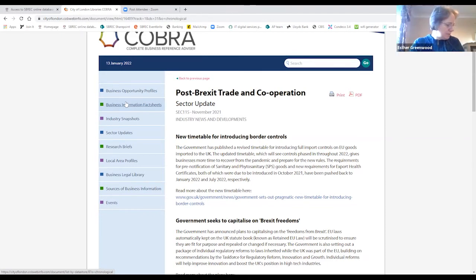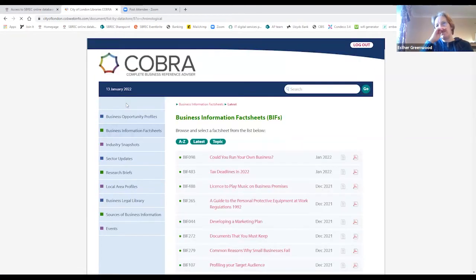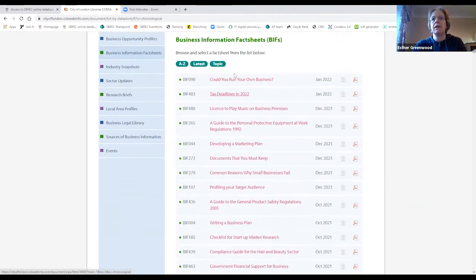Perhaps just whilst people are thinking, I know you mentioned that somebody might be importing or exporting. Yes, and there are various pieces of information about that. So under this heading on the left, business information fact sheets, you can see a number of fact sheets about all sorts of different topics, really. Documents you must keep, developing a marketing plan.